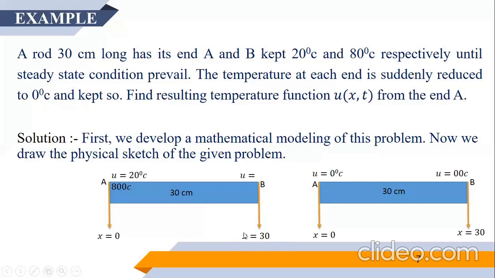So in the physical sketch, again I repeat, a 30 centimeter long rod, in A end 20 degrees, B end temperature 80 degrees. The left end we consider x is 0 and the right end we consider x is equal to 30.